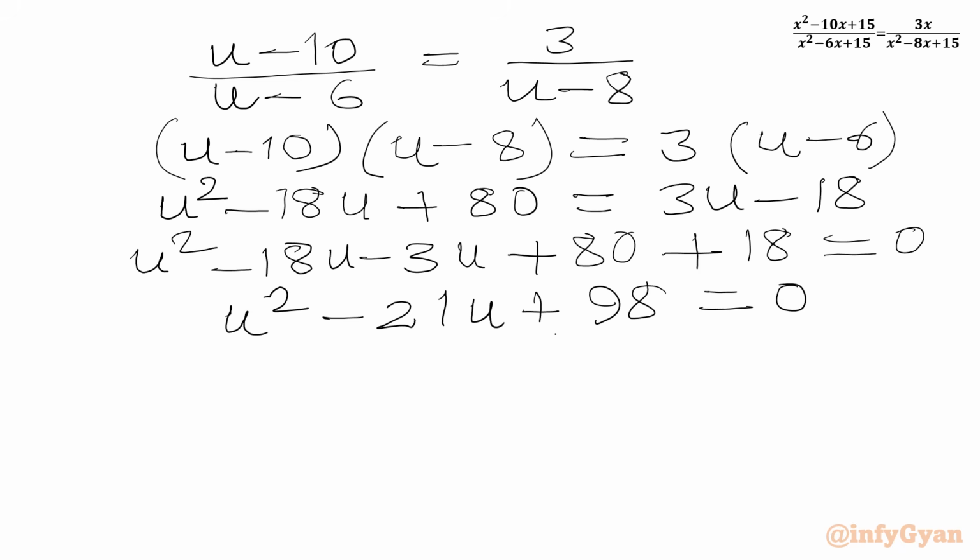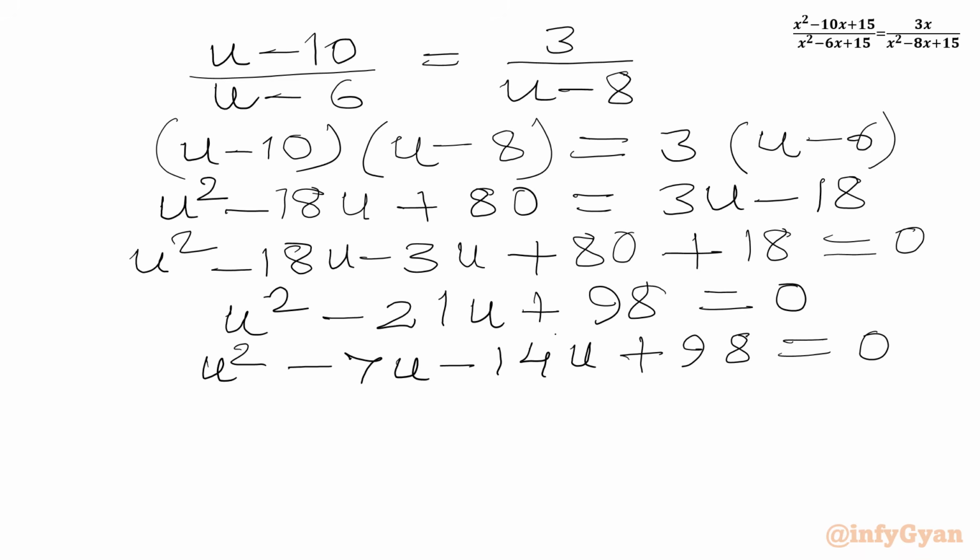Now the equation is quadratic. We can use the method of factorization. Here we will split our middle term minus 21u as minus 7u minus 14u plus 98 equal to 0.